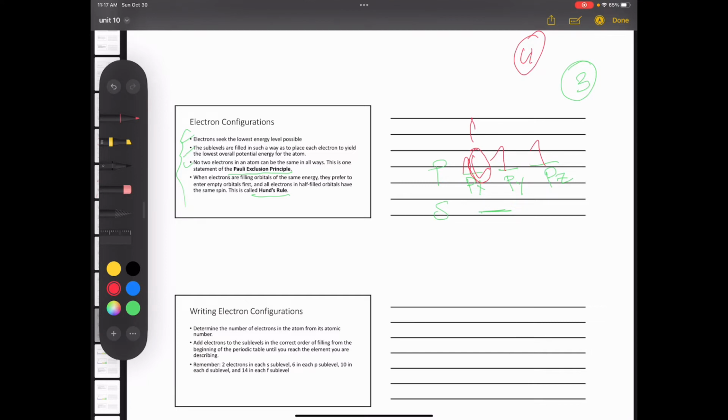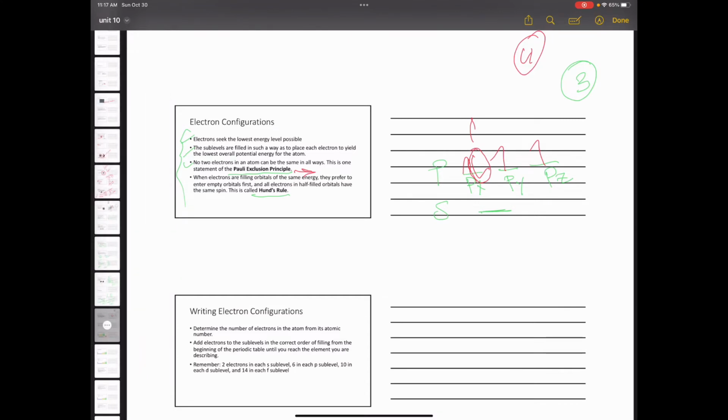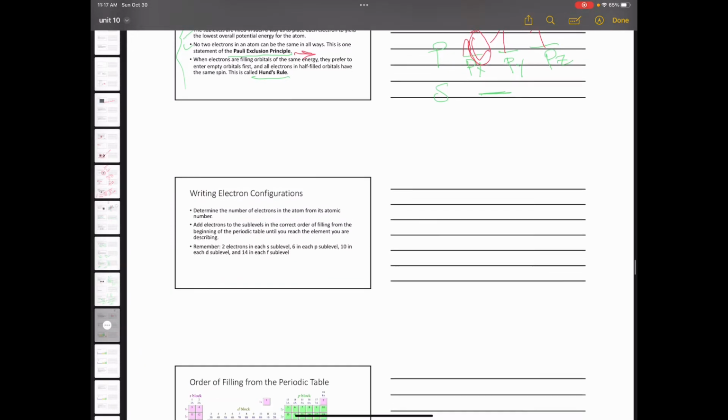This would result in two electrons having the same identity, which really stands against everything Pauli stands for. So electrons will start as a single electron in every suborbital pointing upward, and then you'll start coupling these electrons as you add more into every one of those suborbitals. I think when we do more examples, you guys will have a better idea of this.